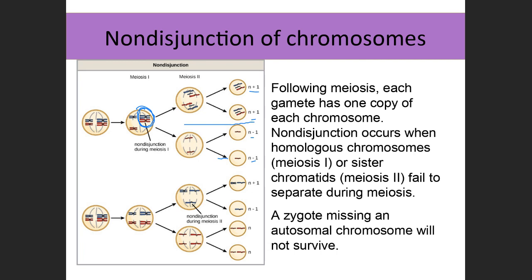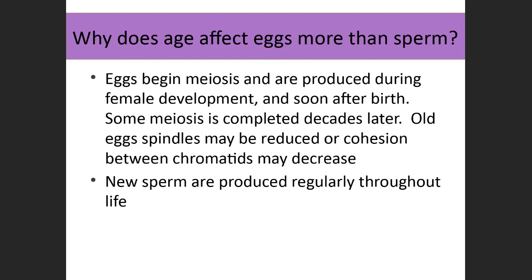So either way is possible. And this is just, again, explains why age tends to affect eggs more than sperm, because sperm are regularly created. However, again, paternal age is associated with some diseases.